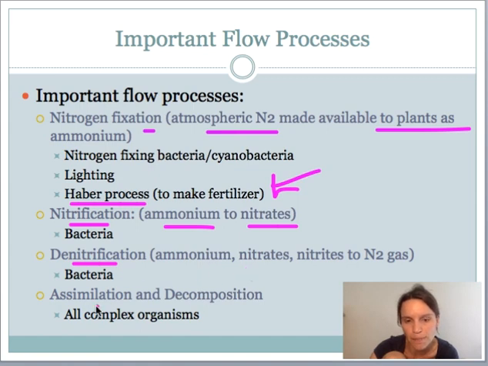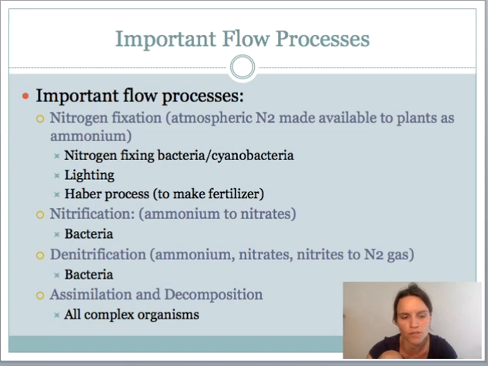Denitrification is the opposite, and assimilation and decomposition is basically just as organisms get bigger, they take nitrogen in through their proteins. As organisms die, they give that nitrogen off in the process of denitrification. So those are just some good vocabulary words to be familiar with.